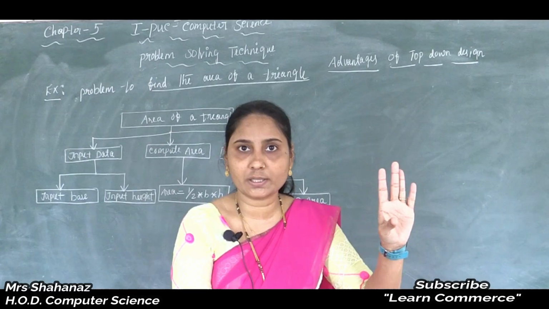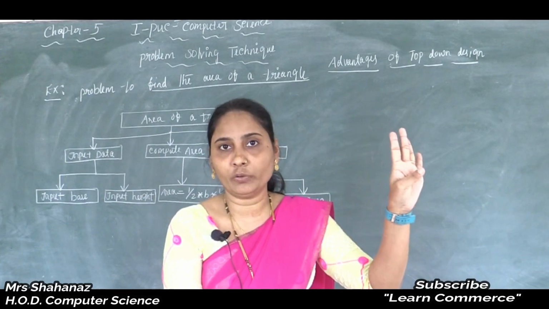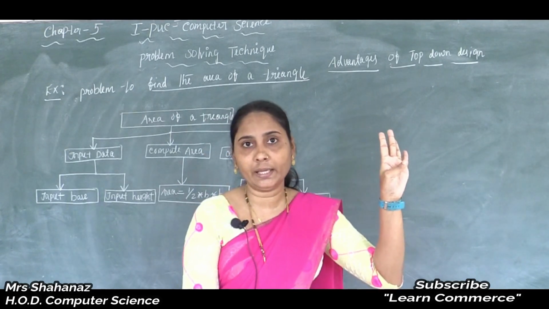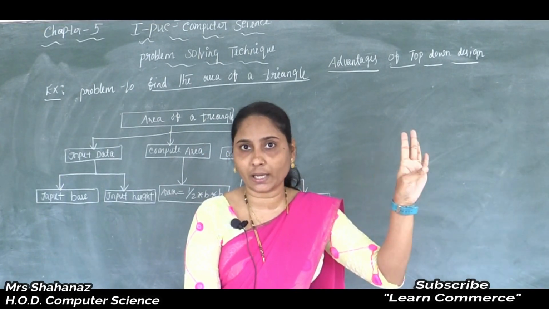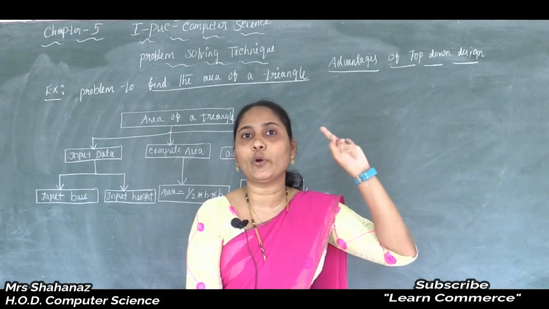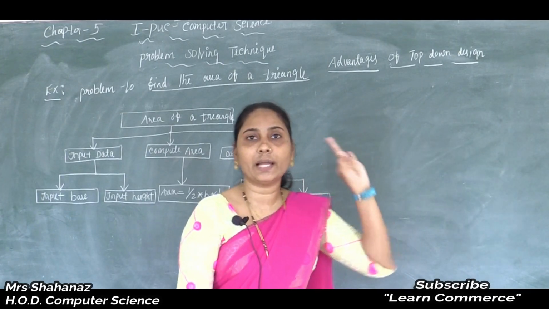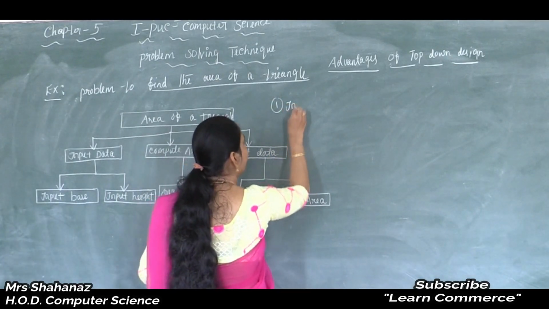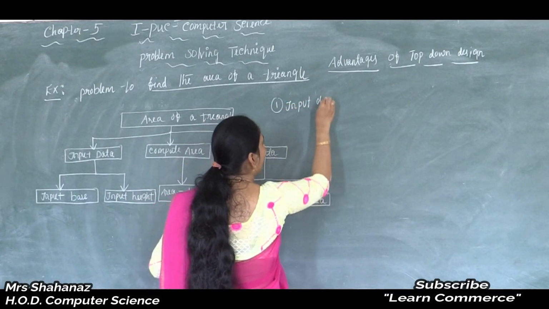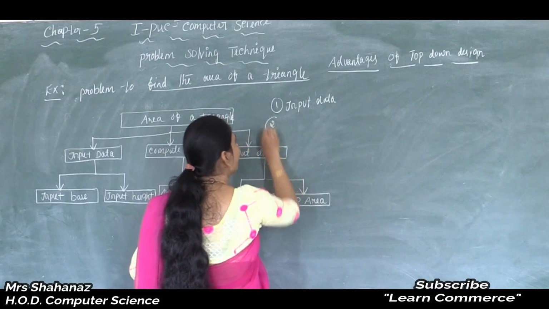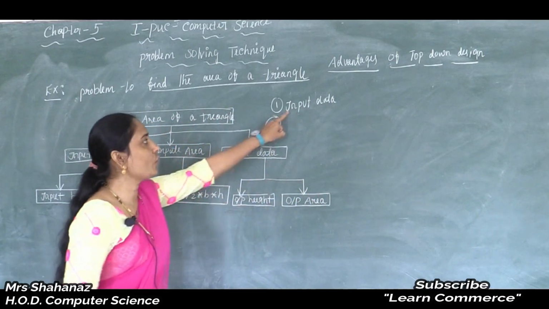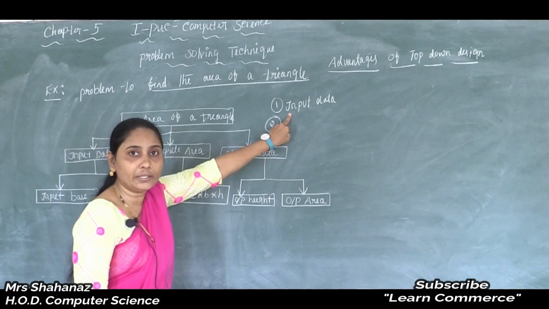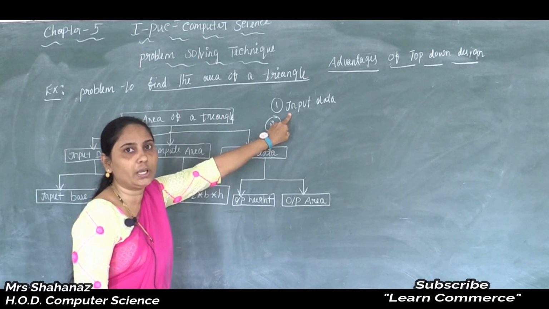So the first one is the input data. Without taking input data, we can't get the output. And after taking the inputted data, by using such data, I am going to make the calculation that is called the compute data. So first of all, I am taking input data. Okay. One problem is going to be divided into 3 sub problems. What data do I need to use while solving the problem? And what data do I need to input to solve the problem?